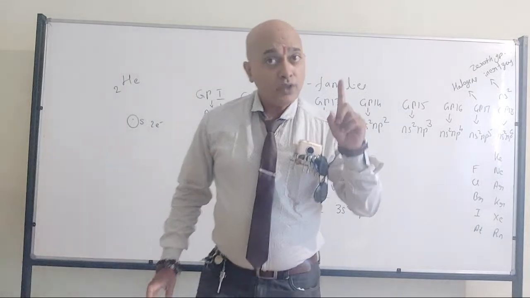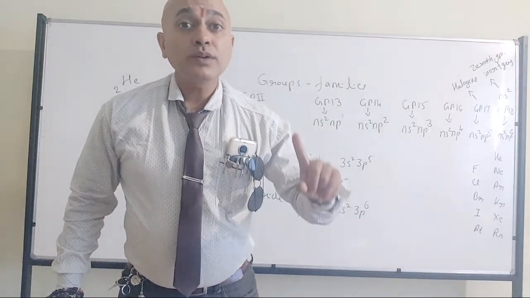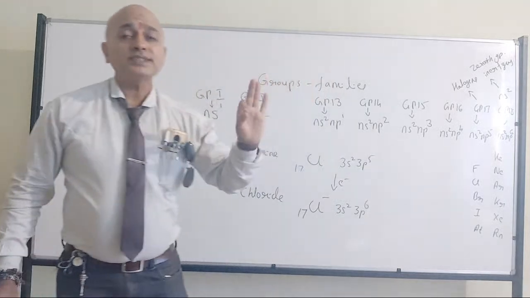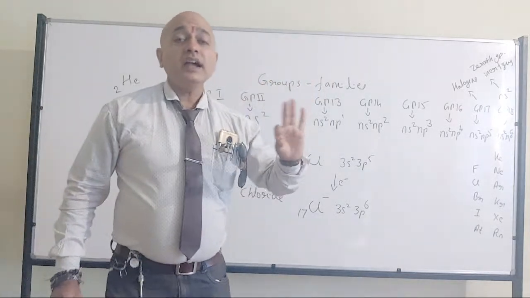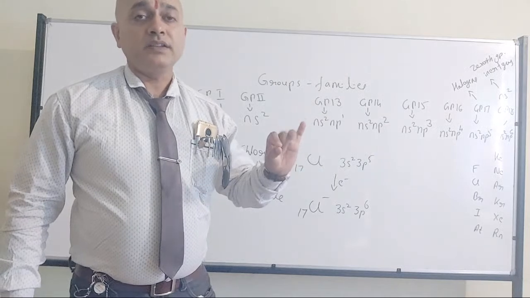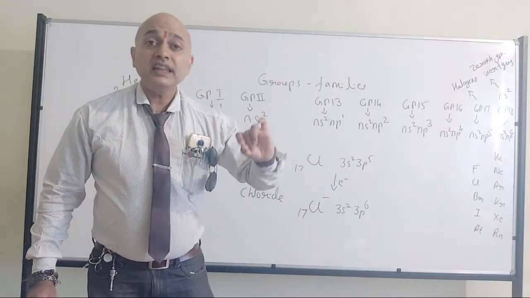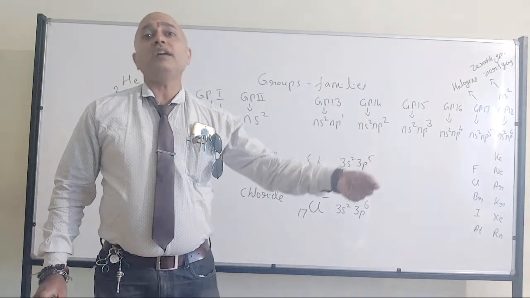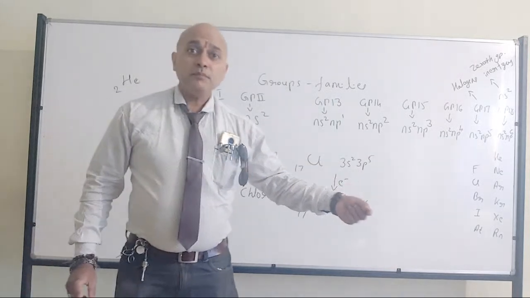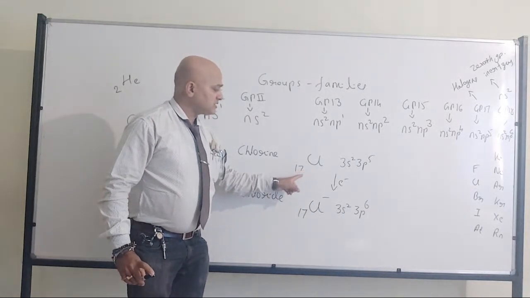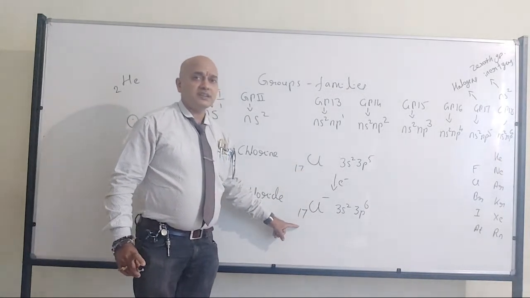Please remember, I am not telling that chloride has become argon. That would be a wrong statement. What I mean is chloride has attained the electronic configuration of argon. But the atomic number is still 17. Chlorine is 17, chloride is also 17.